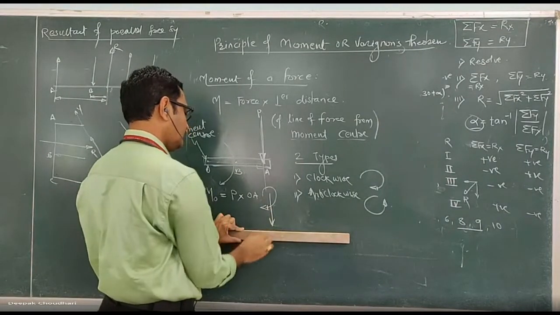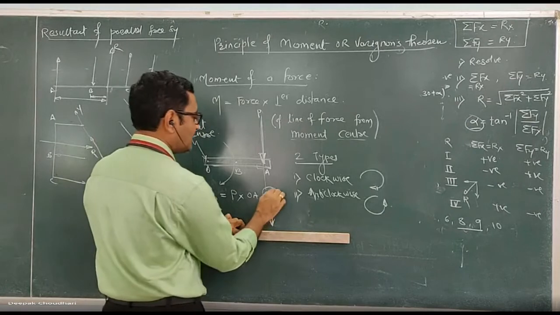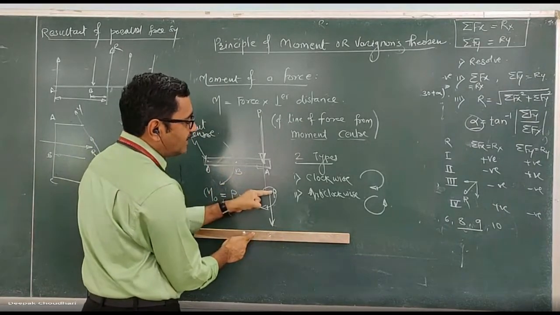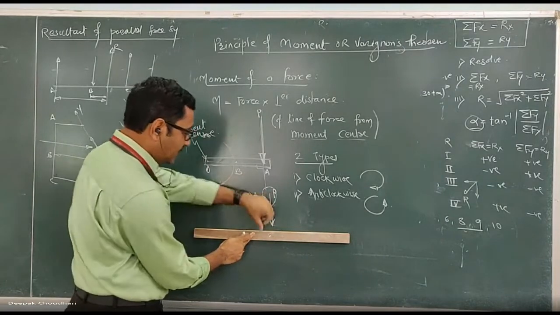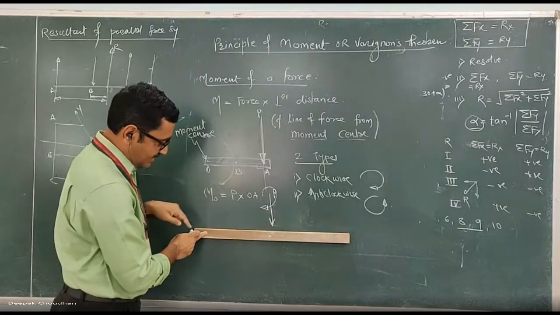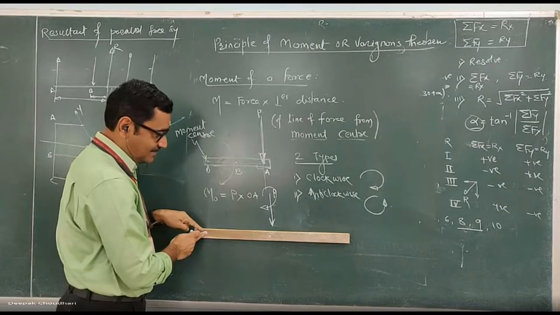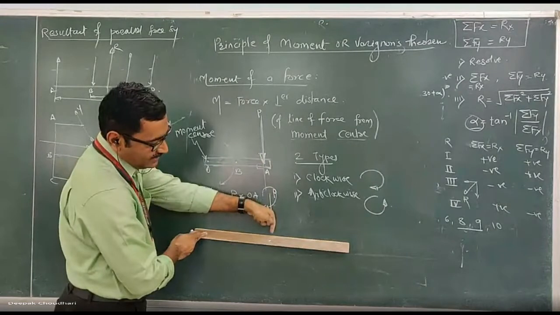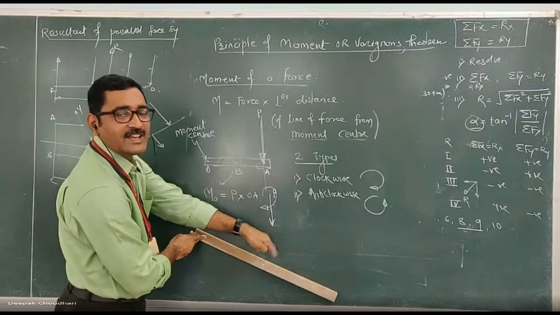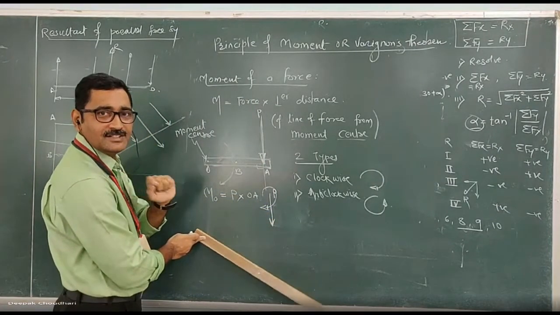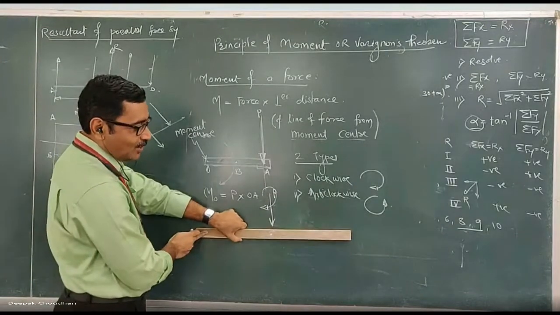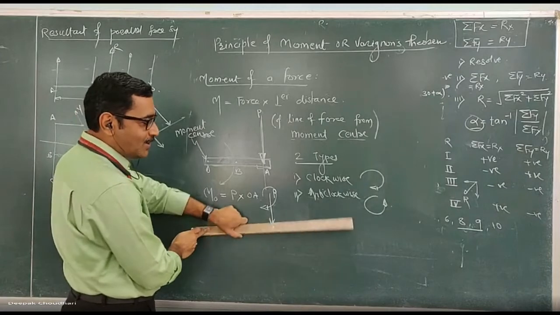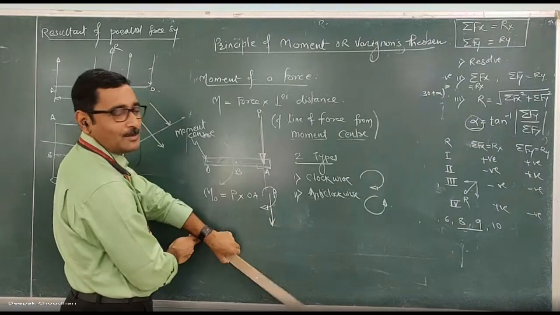When I study the turning effect produced by this force on the body with respect to this point A, this force produces the moment in clockwise direction, isn't it? Because of the weight itself, it will move clockwise. That weight produces a clockwise moment. Clear?